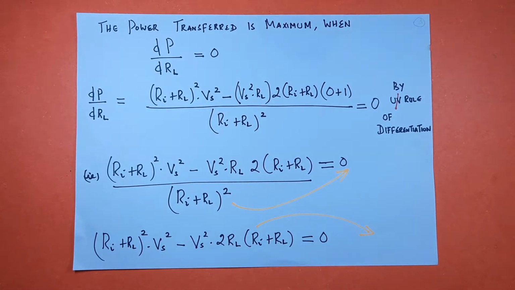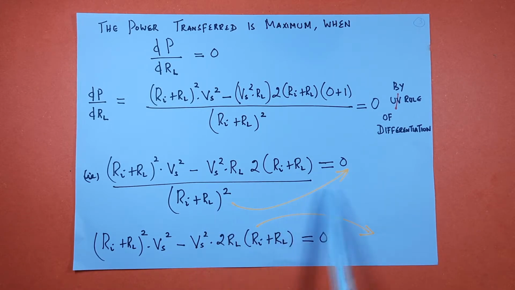If you differentiate, 2 into Ri plus RL multiplied by the derivative inside: Ri is 0 because it's a constant, RL is 1. So next we have to simplify this. Ri plus RL the whole square into Vs square minus Vs square RL into 2 into Ri plus RL, divided by Ri plus RL the whole square.